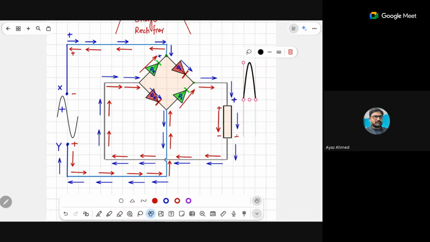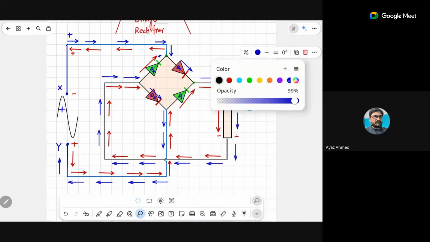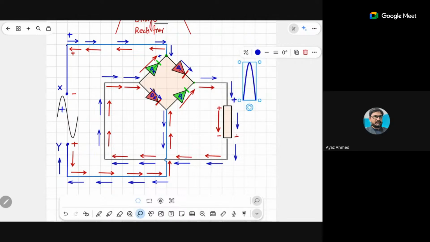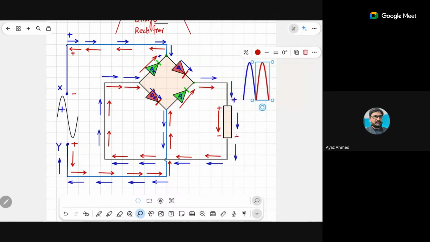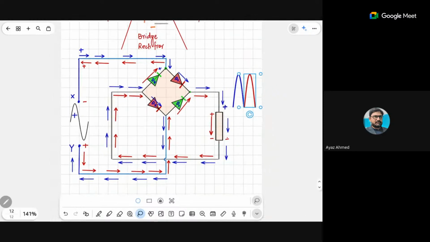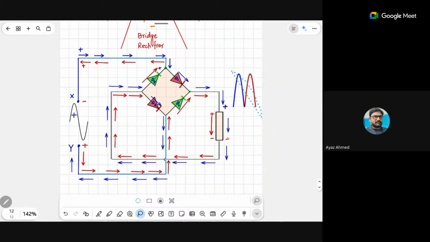Okay, this is an input cycle for the blue color. Yes, for blue arrows this is the cycle, and the same cycle will appear for red arrows. You got this point? Are you agreed?